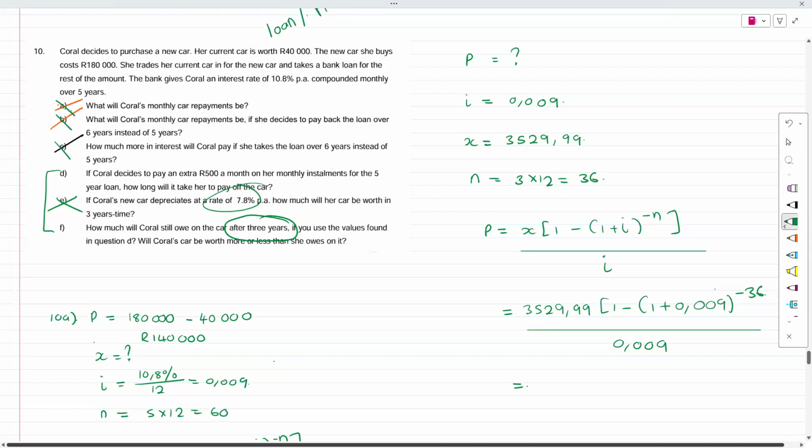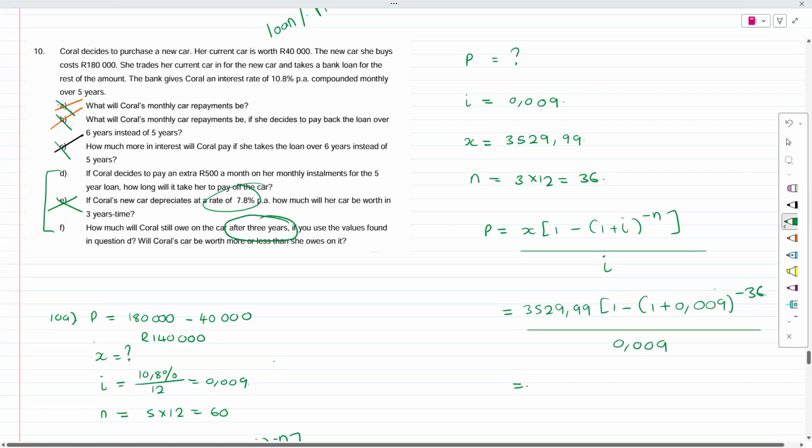And this value, let's check how much she paid for 3 years. So this was 3529.99, open bracket 1 minus open bracket 1.009 to the minus 36 divided by 0.009.